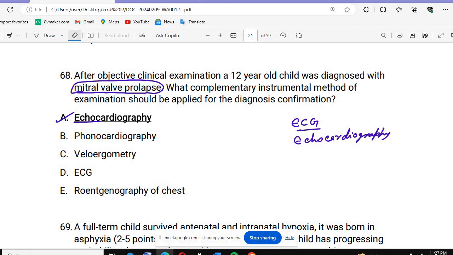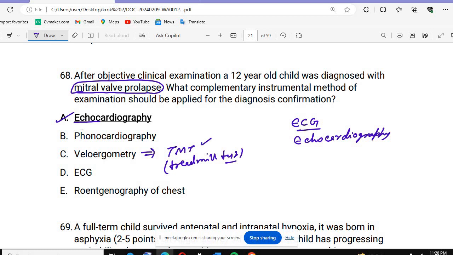If there is any problem with the heart, we do echocardiography. Then velergometry is the treadmill test, the TMT. We do the treadmill test to increase physical activity and check physical conditions, basically to check cardiac stress.